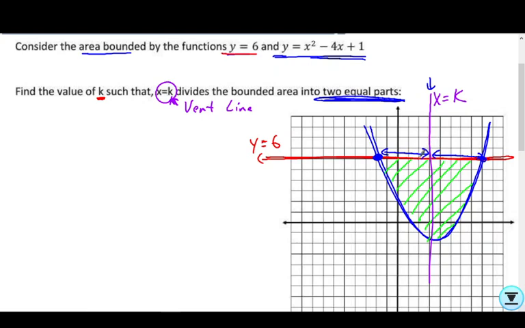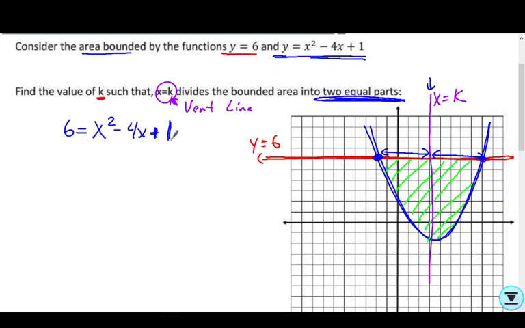And those are going to be equal. So the first thing we're going to do is find our points of intersection. How do you find where two functions intersect? You set them equal to each other. Which is one of those moments where you're like, duh.